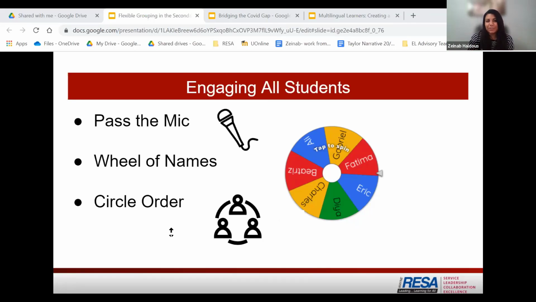So some of the strategies that we can use to engage all students are passing the mic, where students have an opportunity to select the next group member that is going to share, or the Wheel of Names website, where it leaves the selection up to chance as far as who's going to share, or circle order, which is done through a Google Doc where the teacher creates a sign-up sheet where students pre-select the order in which they want to contribute to the learning.